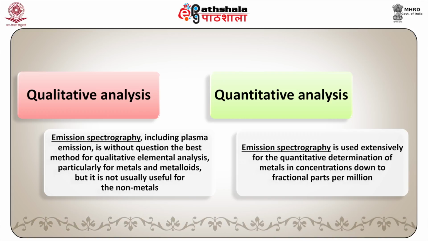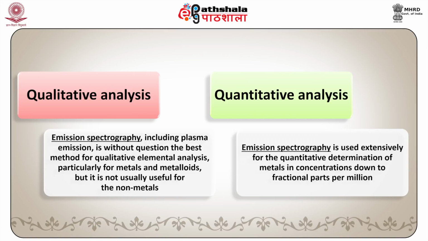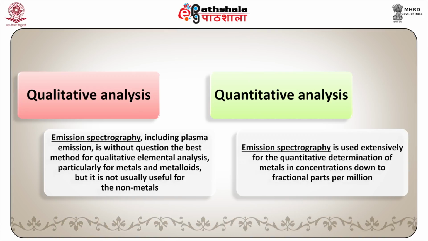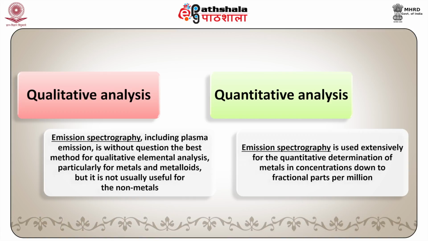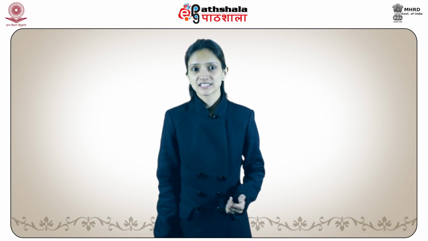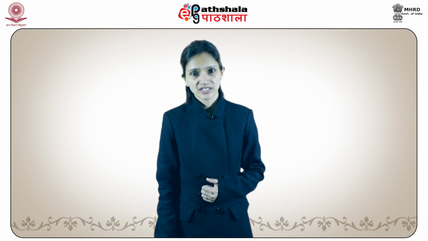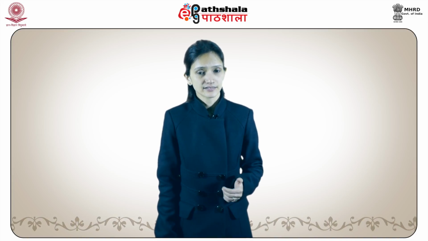Quantitative analysis. Emission spectrography is used extensively for the quantitative determination of metals in concentrations down to fractional parts per million. Next is flame photometry. Qualitative analysis. Flame photometry is particularly useful for the alkali metals and alkaline earth metals.